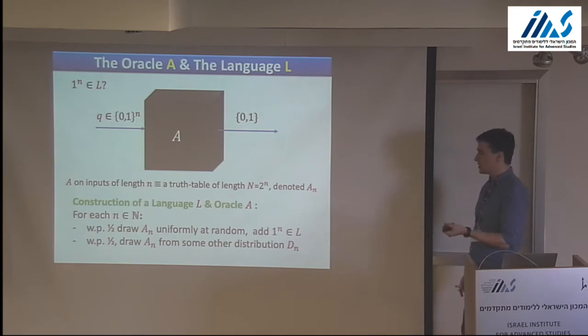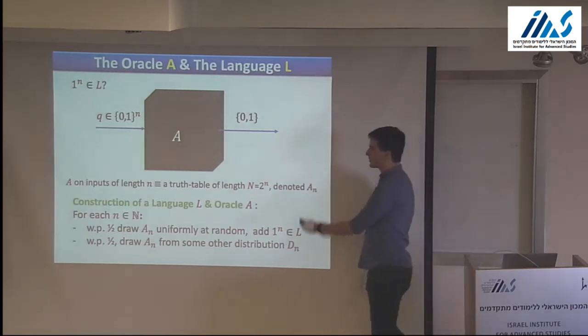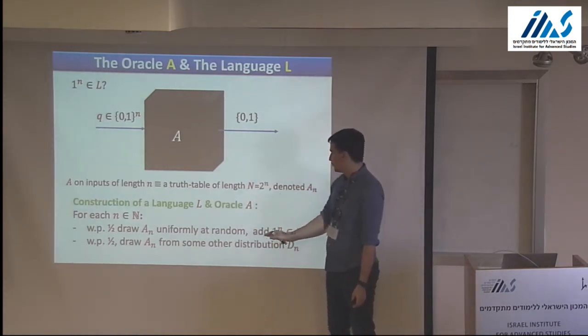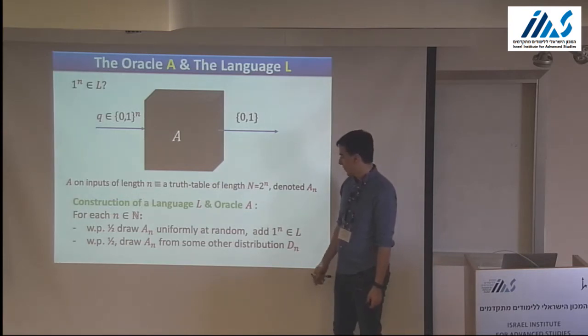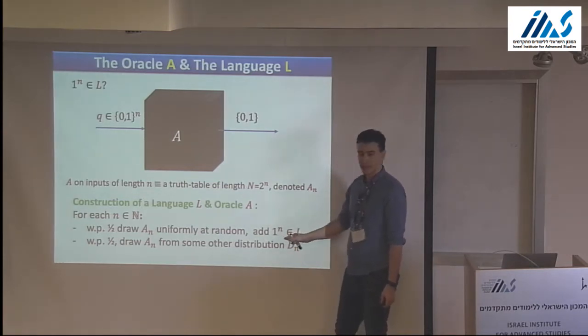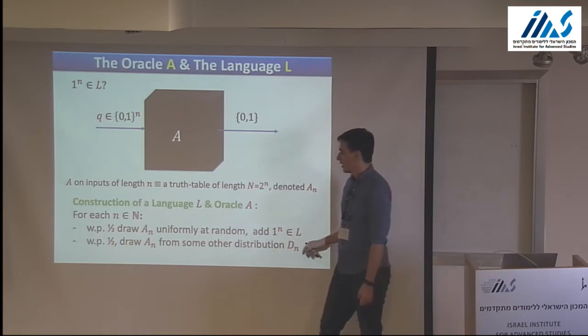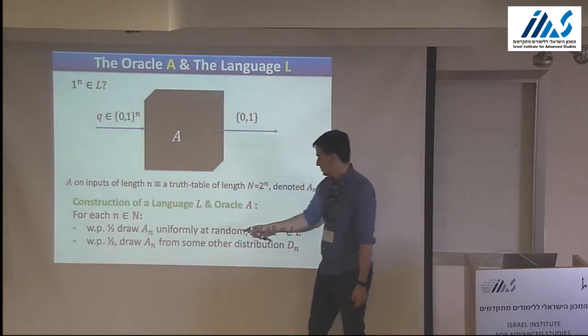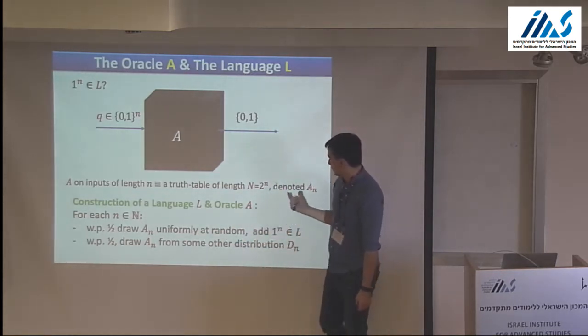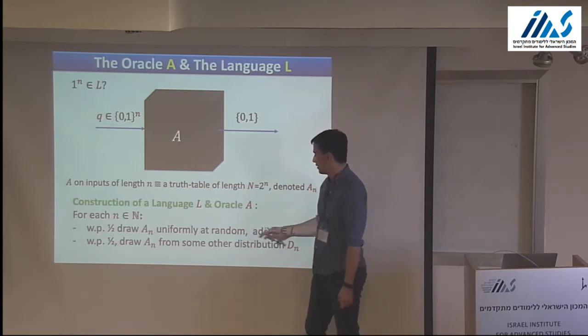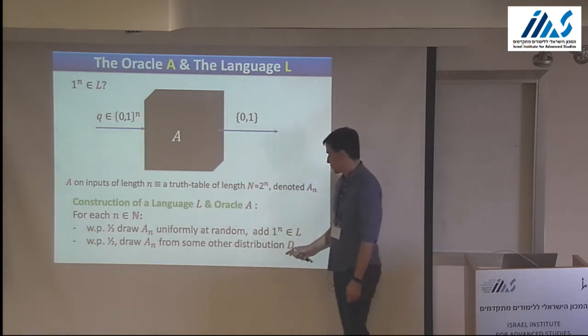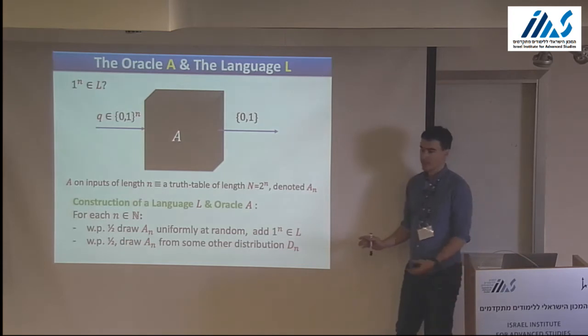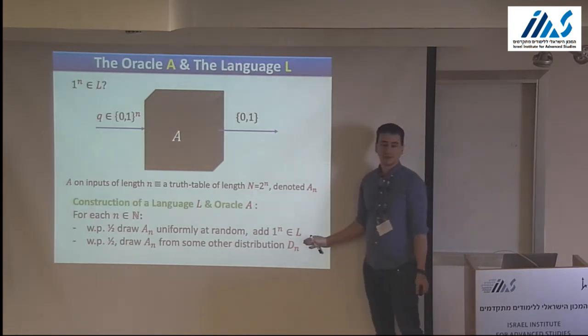If I get heads, then I draw this black box, I draw this A_n according to the uniform distribution, and I add the string 1^n to the language. And if I got tails, then I draw this truth table restricted to inputs of length n according to the distribution D. Okay, so I have this distribution for every input length. And then I don't add 1^n to the language.